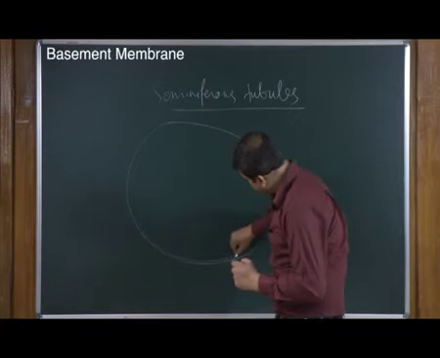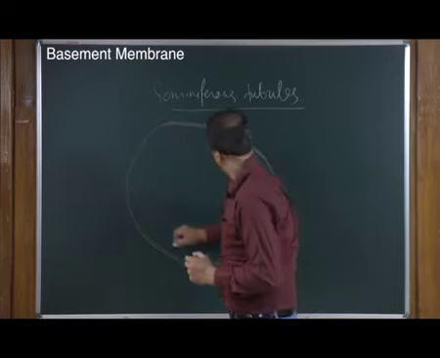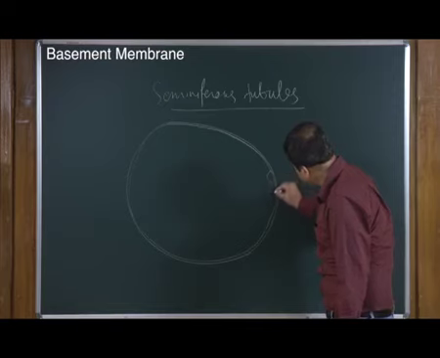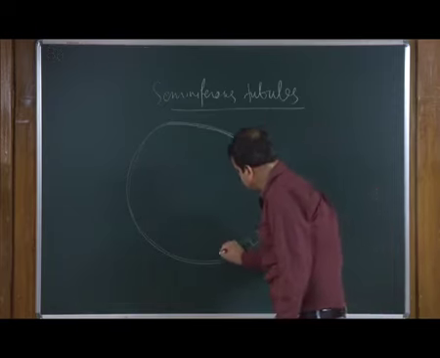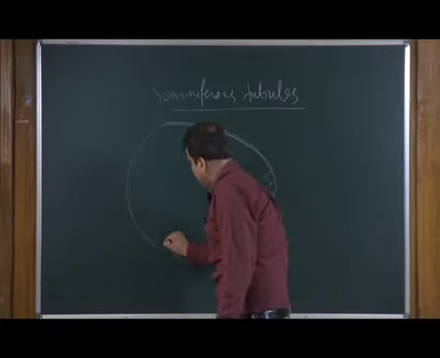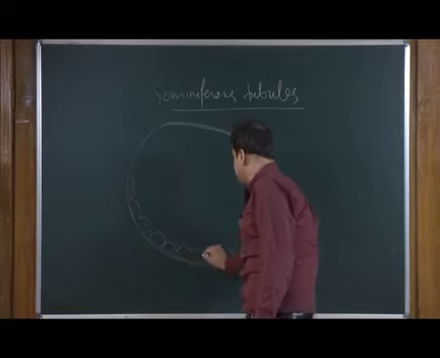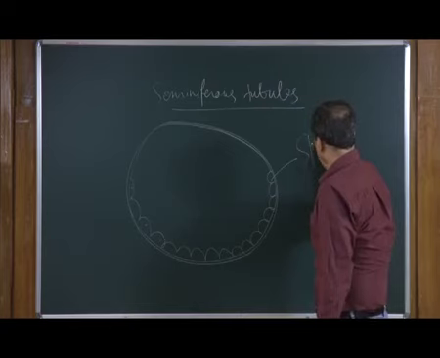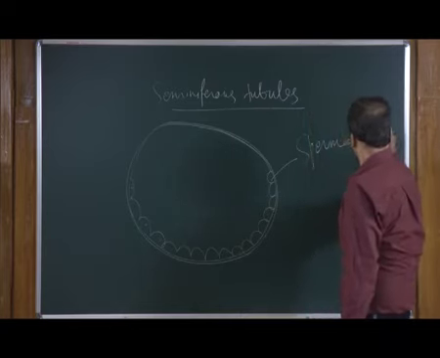they have a basement membrane, which we simply call the basement membrane, and from the basement membrane we have different cells lining it. These cells have a nucleus and are called spermatogonia.